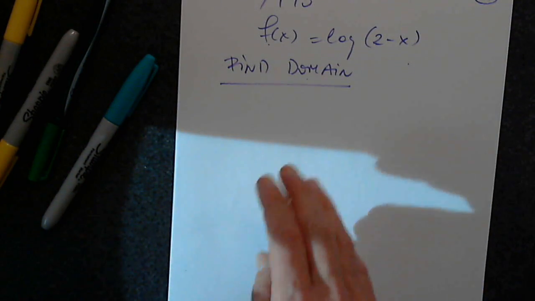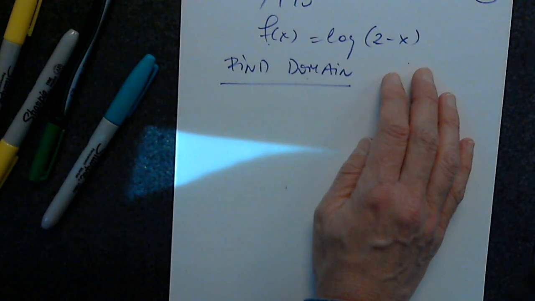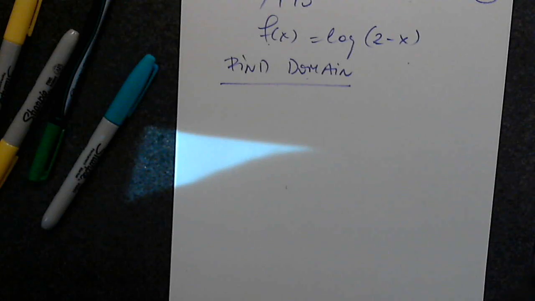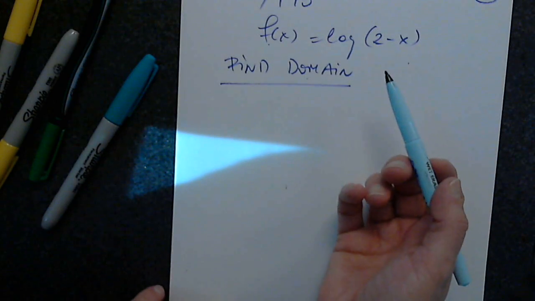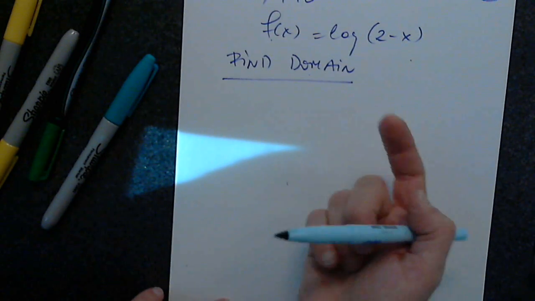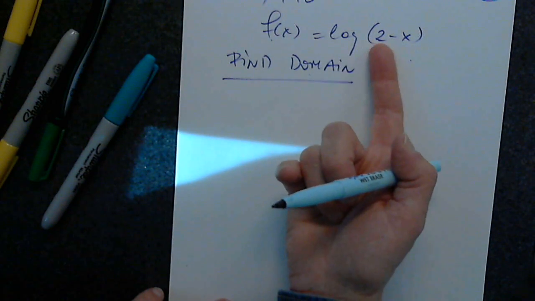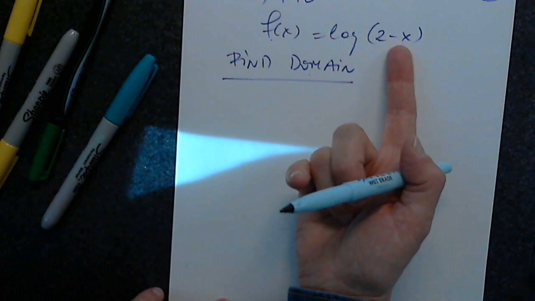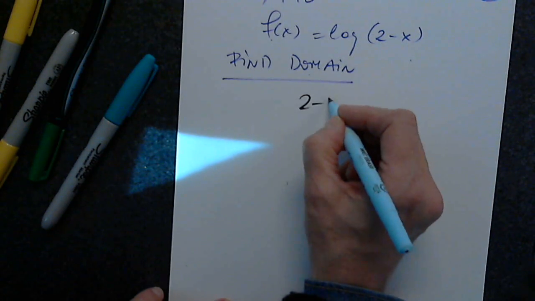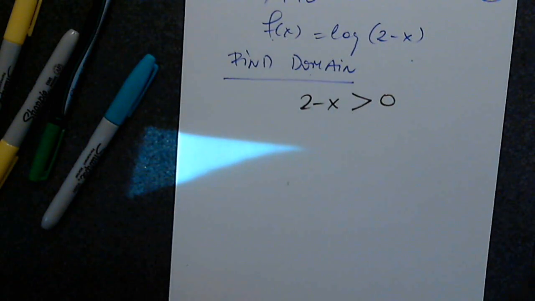So what is the quantity that we apply log to? Can anyone read the quantity that we apply log to? It's log of, yes, common log. So log of, what do we apply log to? Then 2 minus x must be a number greater than 0.